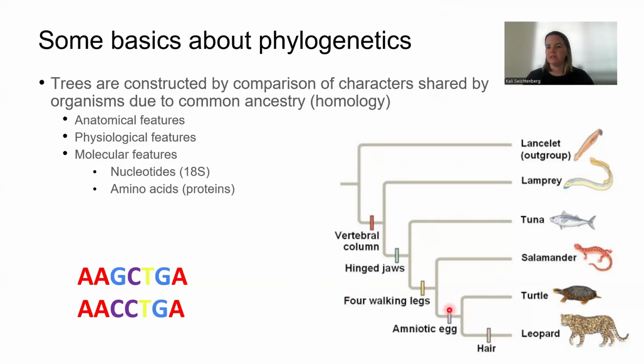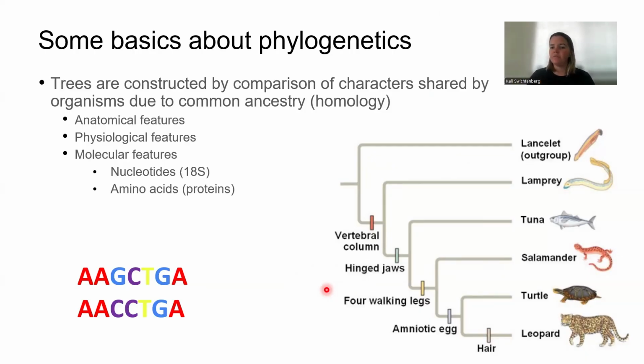So this phylogeny on the right-hand side is using anatomical features in order to make the phylogeny. We are going to group our organisms into clades based on what anatomical character they have.